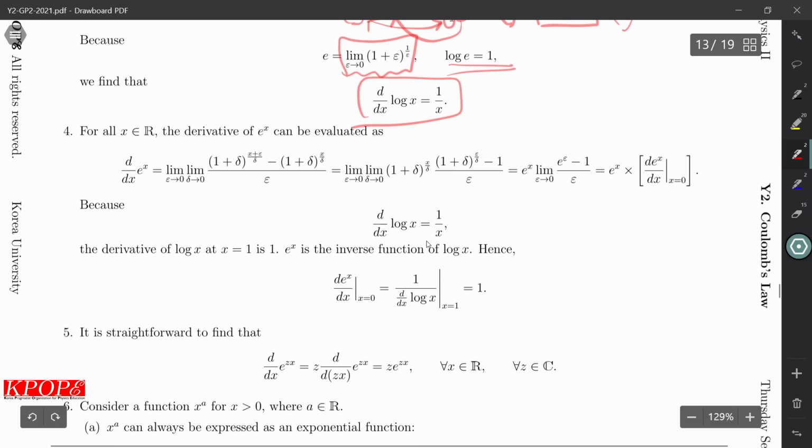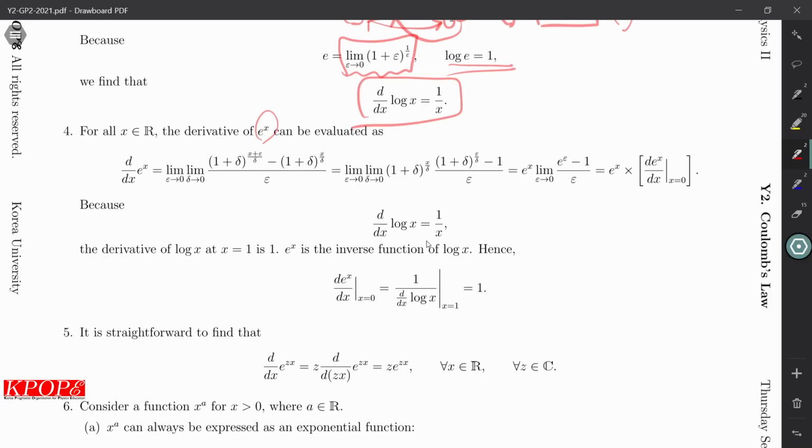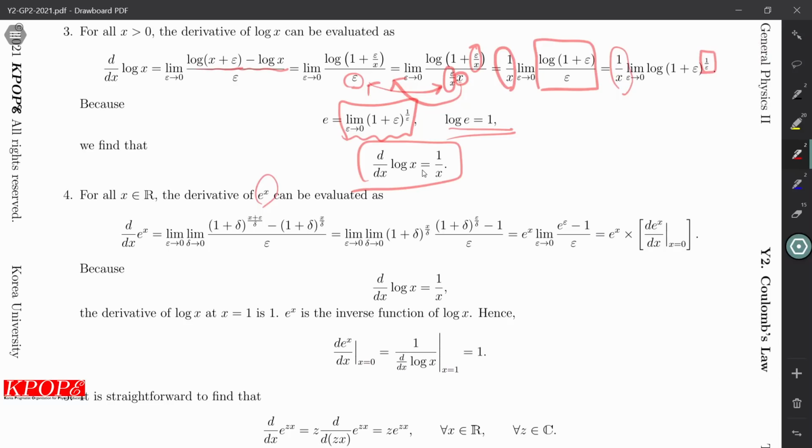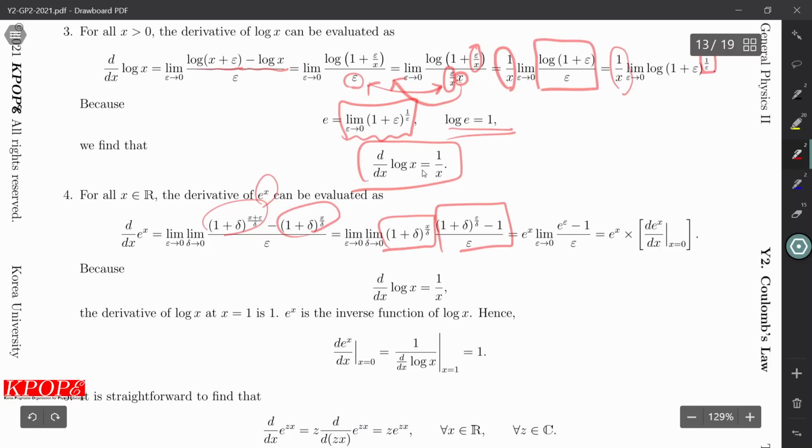Next, we consider the exponential function. We use the definition of the exponential, take the subtraction of these two terms, and factor out the common factor and end up with this expression, with limit delta goes to 0 as well as epsilon goes to 0.